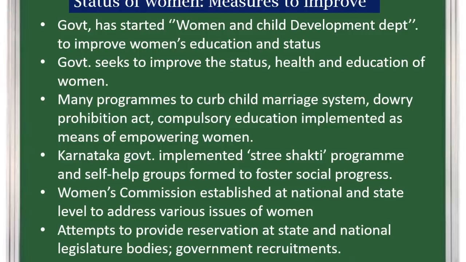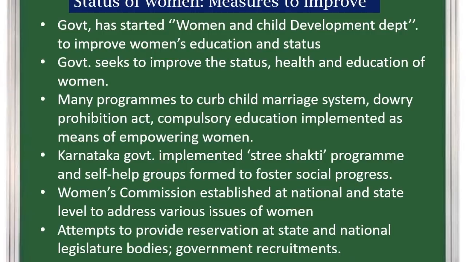Children, this is another very important question that can figure in any examination. What are the steps or measures taken by the government to improve the status of women in India?